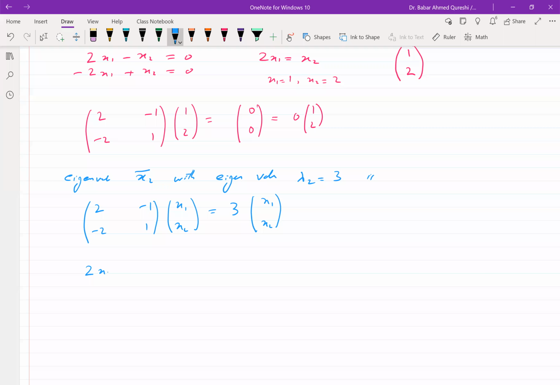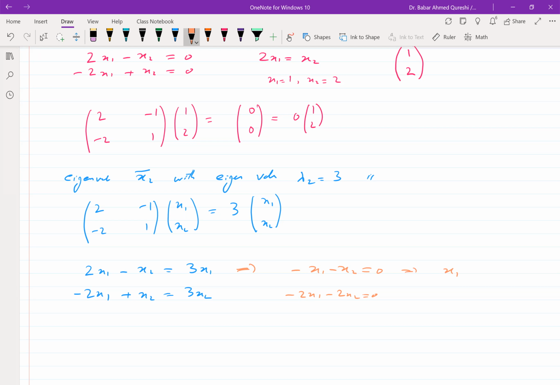So I get 2x1 minus x2 is equal to 3x1 and minus 2x1 plus x2 is equal to 3x2. And this gives me minus x1 minus x2 is equal to 0, and when I bring this to the other side, it again gives me minus 2x1 minus 2x2 is equal to 0, which is just the first one multiplied by 2.